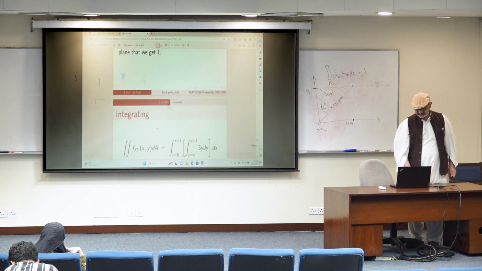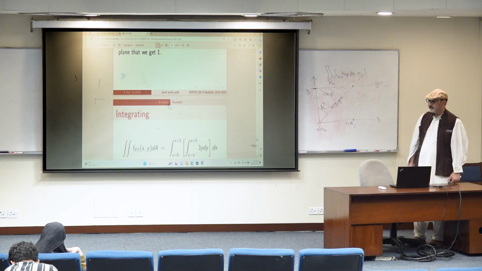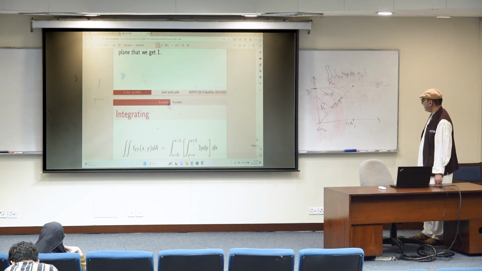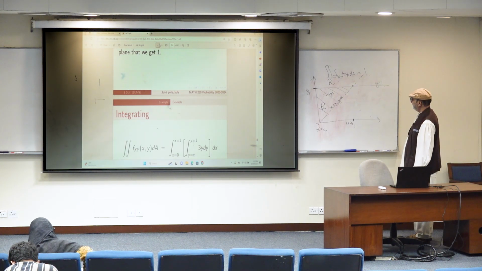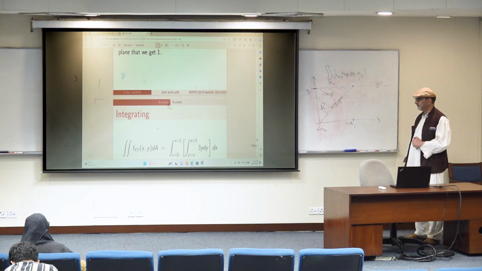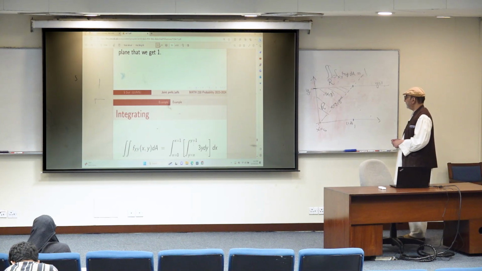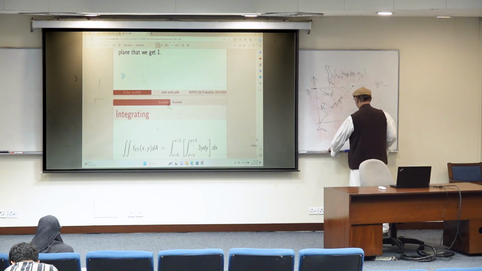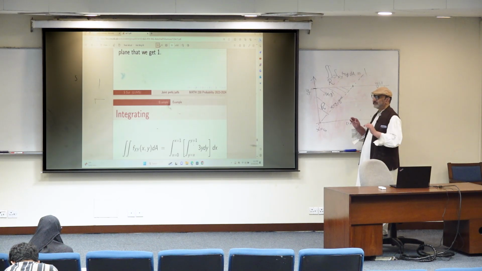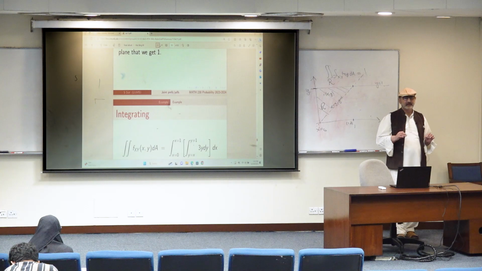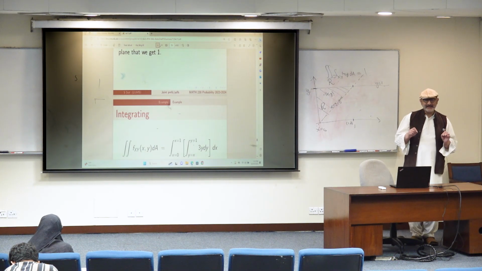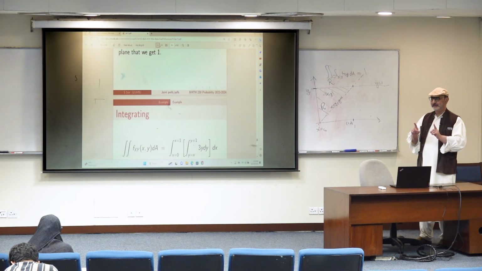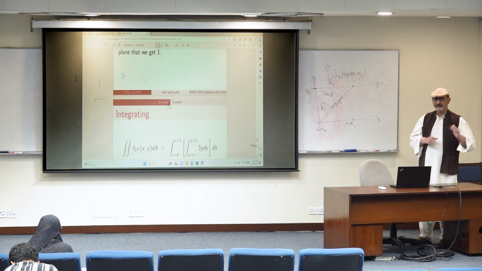So this is how you actually go about doing the integration. When we have a double integral like this, we want to break it down into two integrals just like we did in Calculus 1.